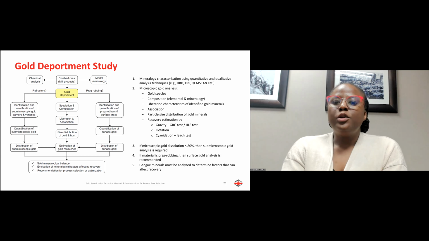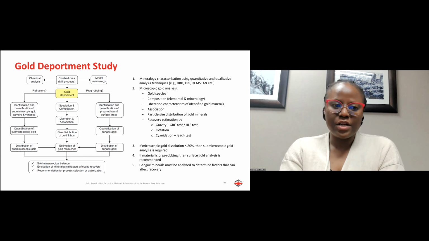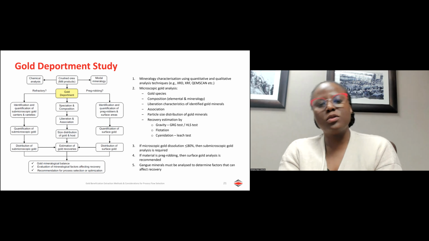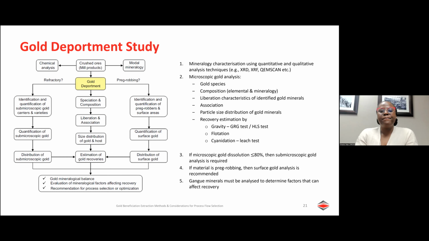Next, it will include some sort of sizing analysis, where each size fraction is assayed to determine the distribution of coarse and fine-grained gold particles. Lastly, then, the recovery is estimated, and this is done by running gravity, flotation, and cyanidation test work.